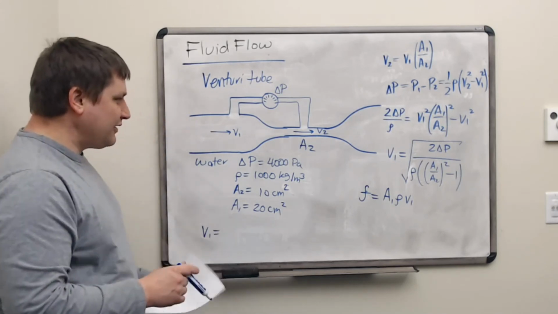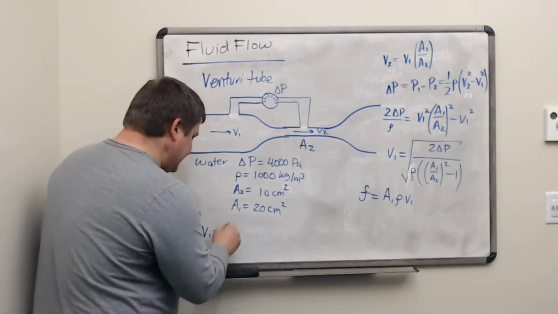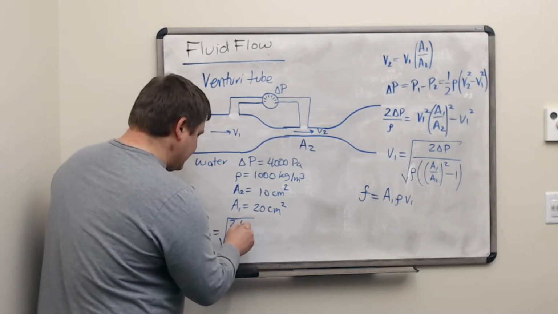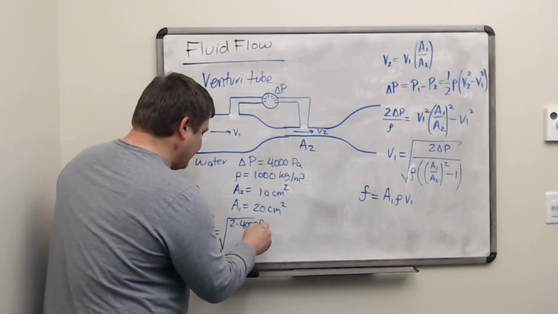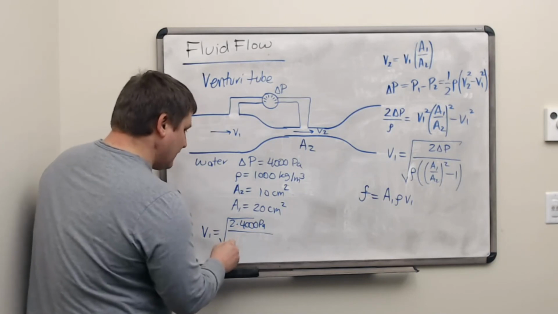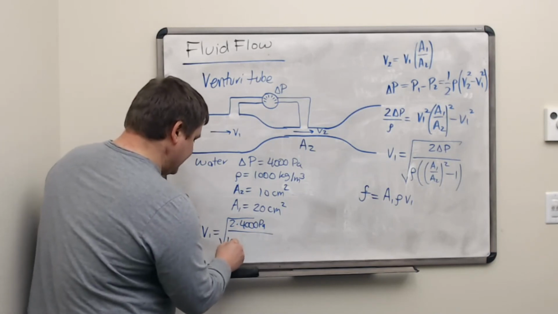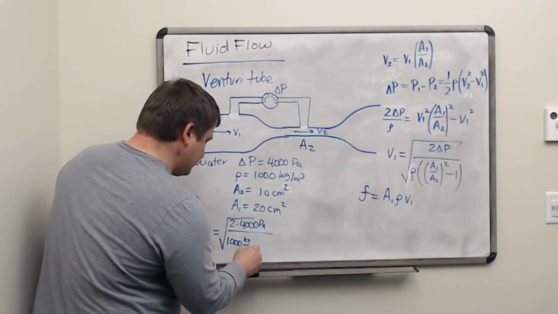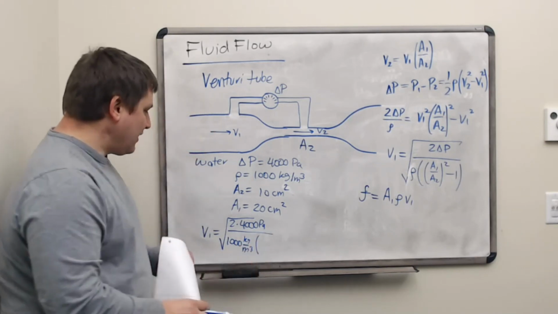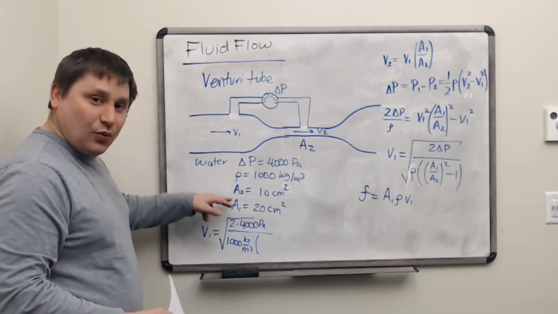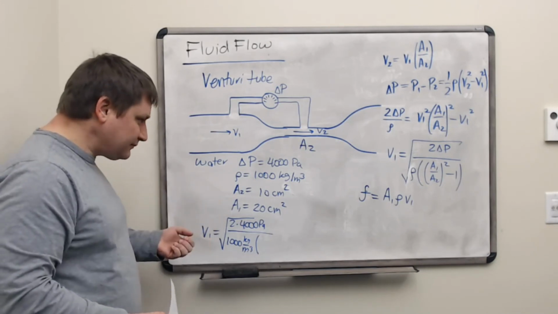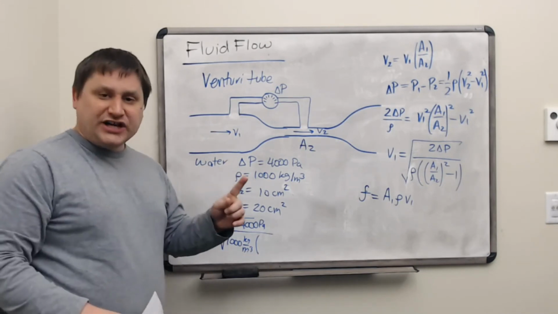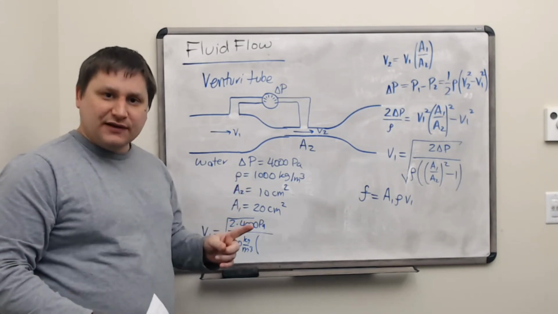Okay, so we calculate from that the flow velocity. We would get 2 times 4,000 pascals over the density, which is 1,000. And then our area ratio is a 2-to-1 ratio of areas. You'll want to watch out when you're doing homework problems.